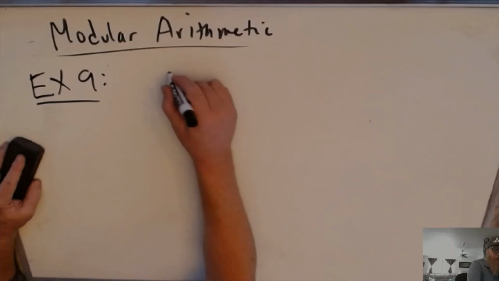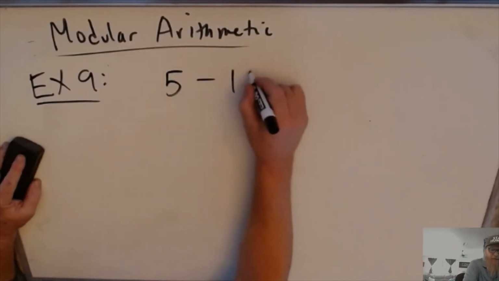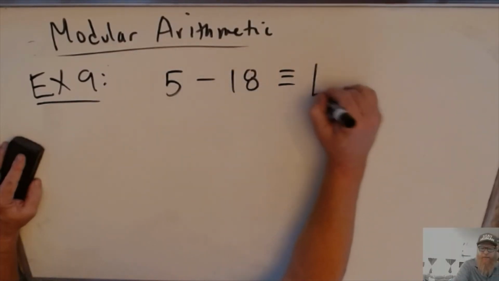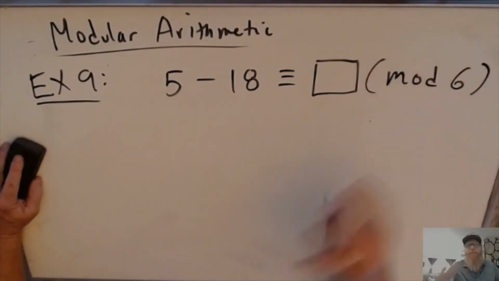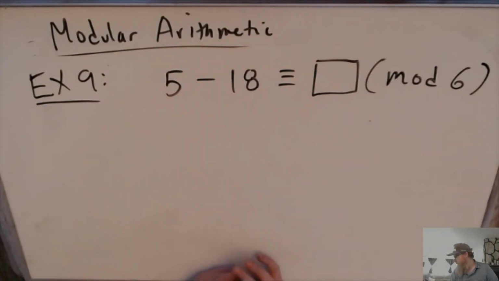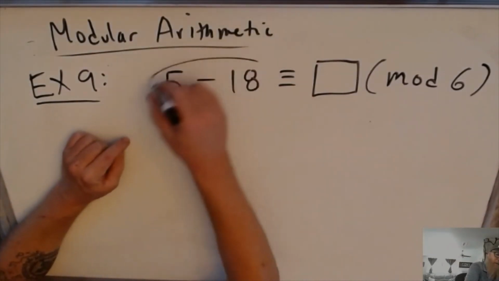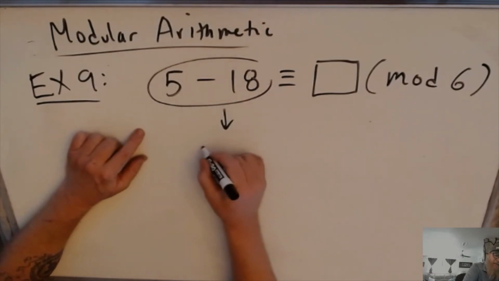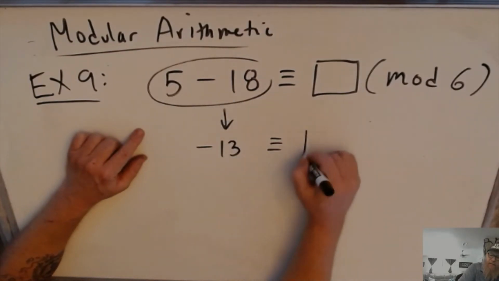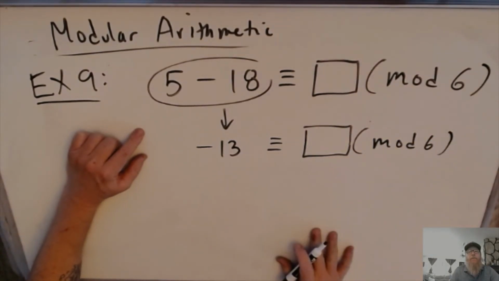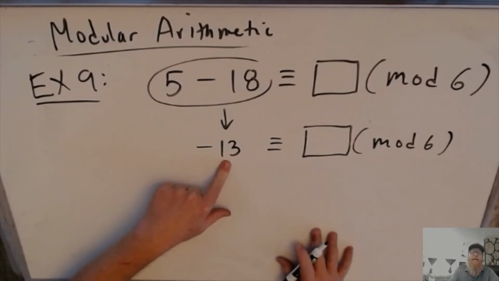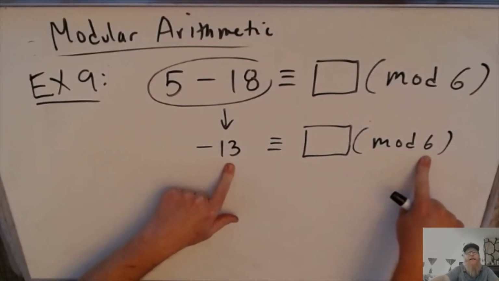How about 5 minus 18 mod 6? All right, 5 minus 18 is negative 13. Negative 13 has an absolute value that's larger than 6.